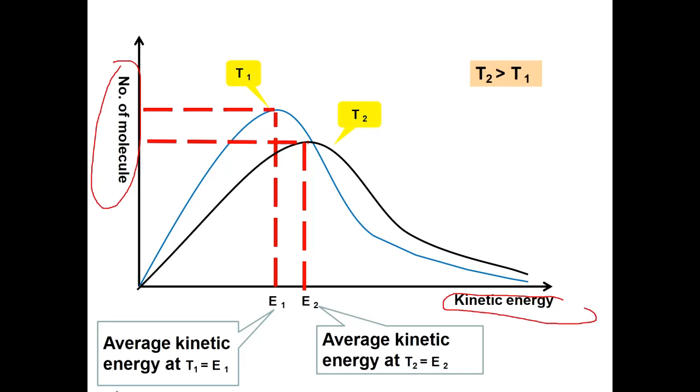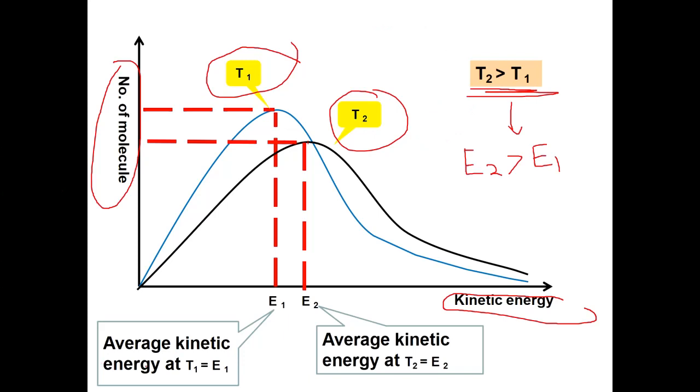Here, the blue one is the kinetic energy at T1, and the black line is the kinetic energy at T2. The temperature T2 is greater than T1. The average kinetic energy at T1 is equal to E1. The average kinetic energy at T2 is equal to E2.